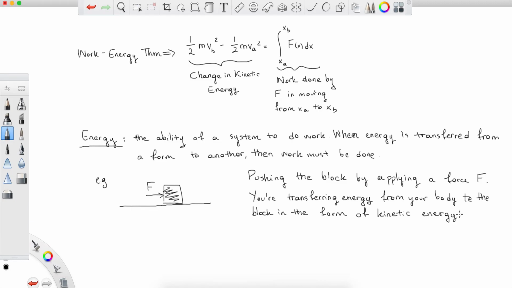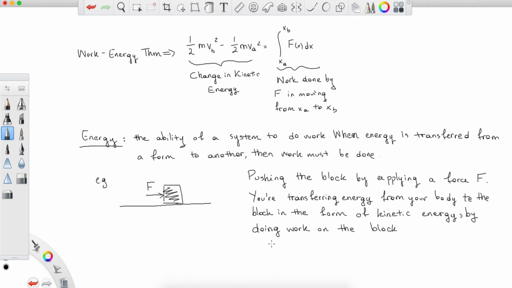And how do you do this? By doing work on the block. So you're pushing the block, you're doing work on it by applying a force, and this force transfers energy from you to the block in the form of kinetic energy.